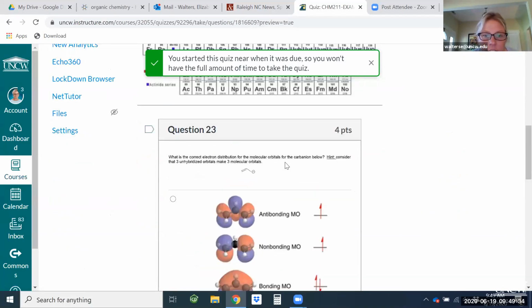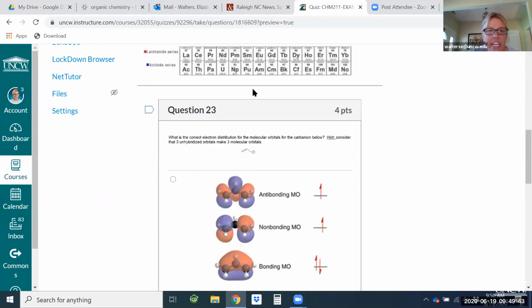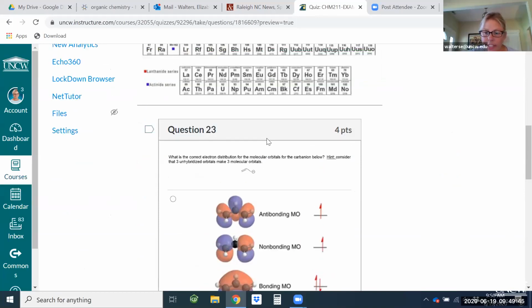Yes? Okay. So let me see if I can annotate this. All right. So the resonance structure for this, I think it's harder because the lone pair is not shown. So for that carbon to be a carbanion, it has to have 2 extra electrons on it.